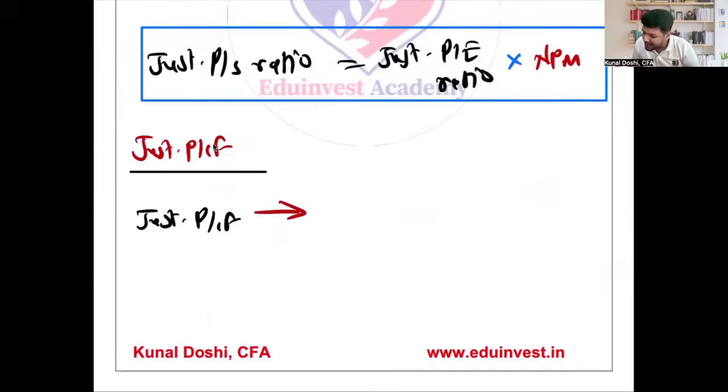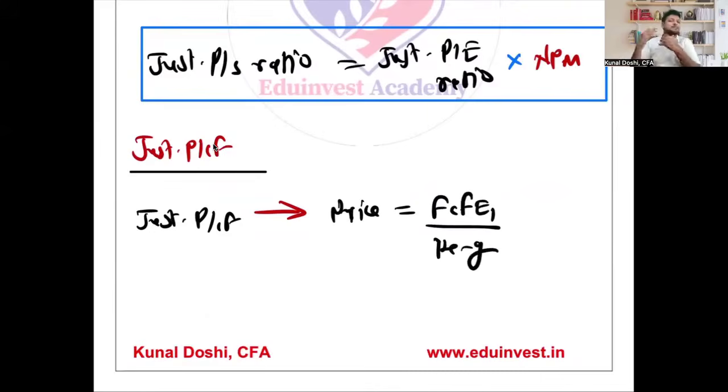All you have to do is that in case of price, you can take free cash flow. So here the price is FCFE over R minus G, or if you use FCFF, you get the value of the firm. So you will here use FCFE in terms of price. Rest all will remain the same, correct? So divide it by the cash flow, whichever cash flow we've done discussion of different types of cash flow.